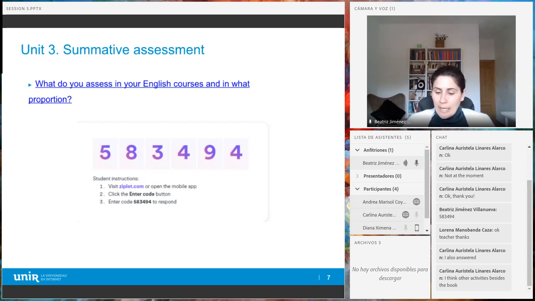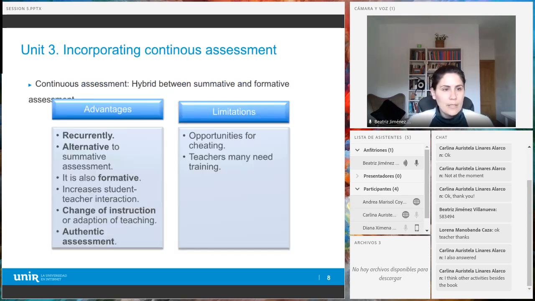Okay. Now, another kind of assessment that we should consider is continuous assessment. Okay. Continuous assessment is very practical and very well used in our English classes. Okay. Because it's a hybrid between summative assessment and formative assessment. Okay. And it's probably more accurate than summative assessment because you are checking the student in a continuum instead of just at the end or a specific point in their academic year.